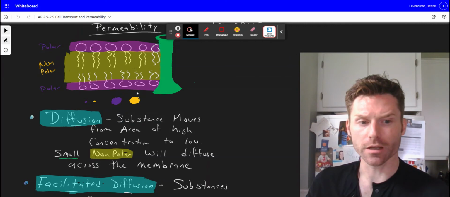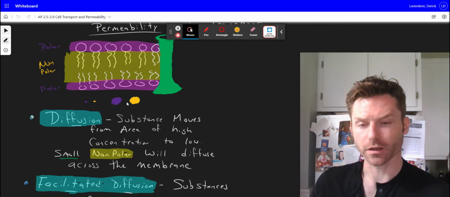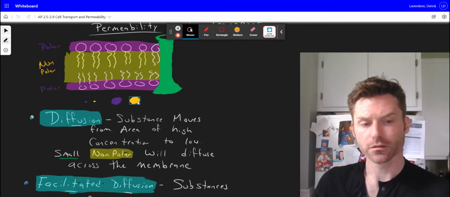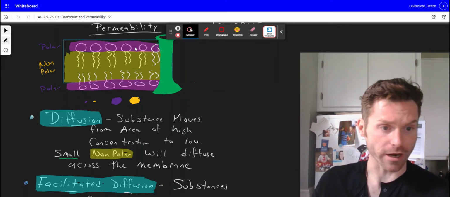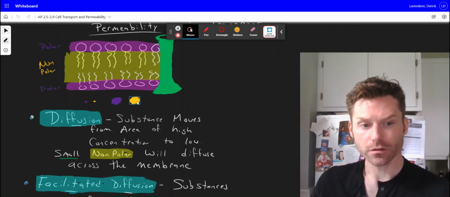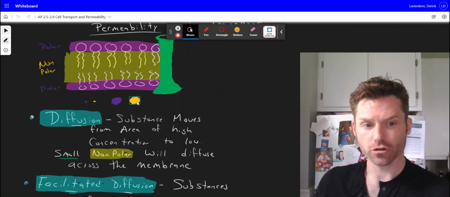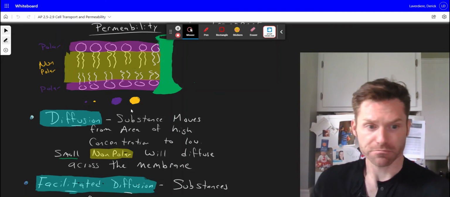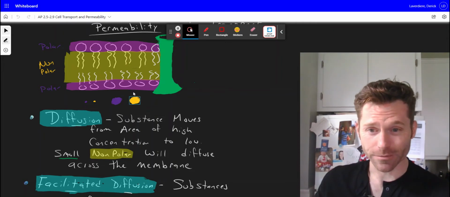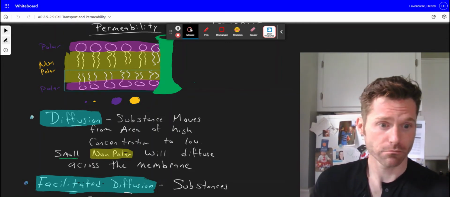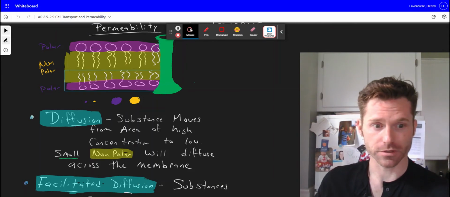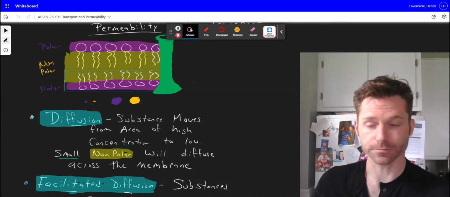And then we have this non-polar large molecule, right? So theoretically, it should be able to pass through this based on its non-polarity. However, it's too big. It's bigger than the gap between the phospholipids. Right? And that's it. Like it comes up and it just doesn't fit through the holes. And so it can't go in. Nothing mysterious about it. Pretty straightforward.